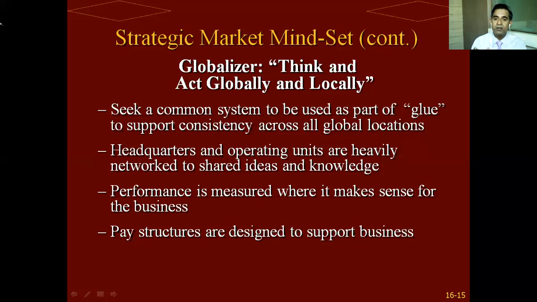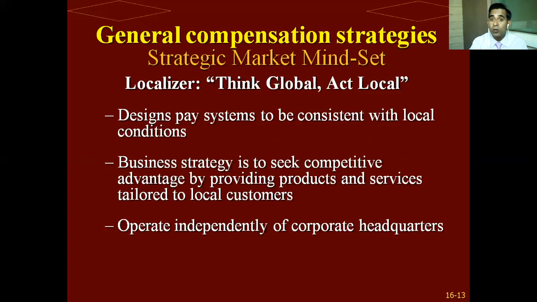If the company's financial condition is very weak, then it will be very difficult for them to adopt a strategy such as the globalizer, or even for that matter the localizer. Say an Indian employer is sending employees to America, and the Indian company is financially constrained.